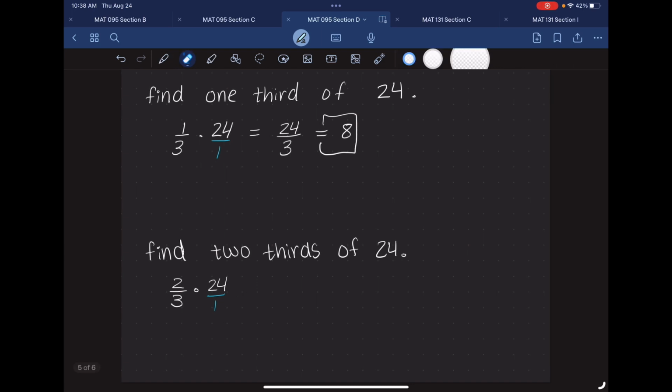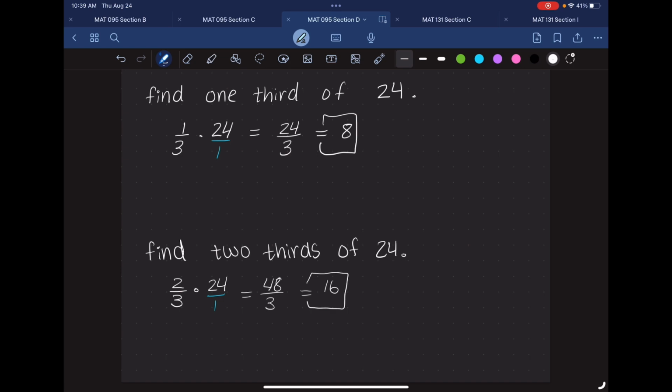When I multiply across, I end up getting 48 over 3. I can check if I can simplify this, and in fact I can. This would give me 16.